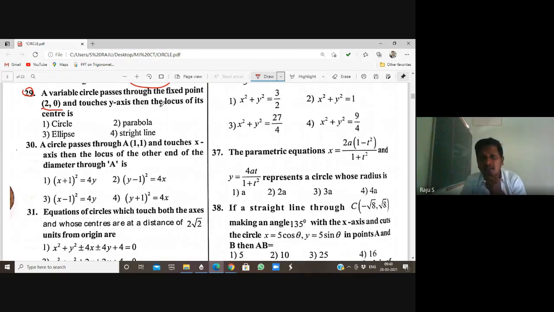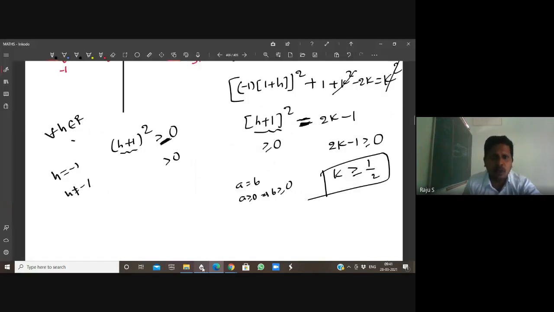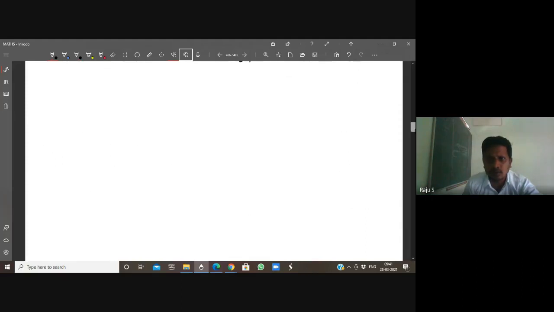Whenever the question gives a locus, we have to see whether the locus belongs to the center, or to a centroid, orthocenter, circumcenter, or any other point like that. Clearly the locus is related to the center. The variable circle passes through the fixed point 2 comma 0.